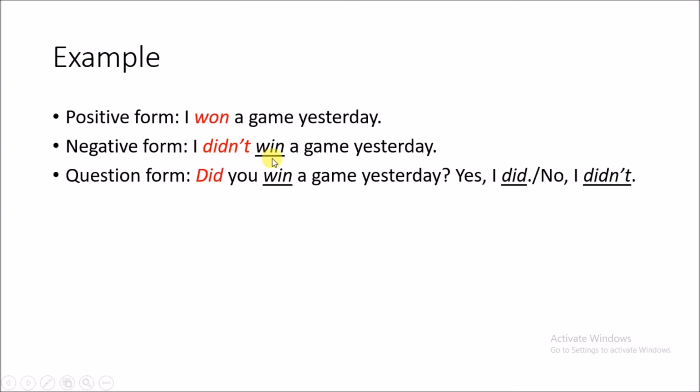I didn't win a game yesterday. Now, when we use didn't, the main verb stays in present. And if we want to form the question, we place did at the beginning and we have a question form. Did you win a game yesterday? And we have to answer with yes, I did, or no, I didn't.